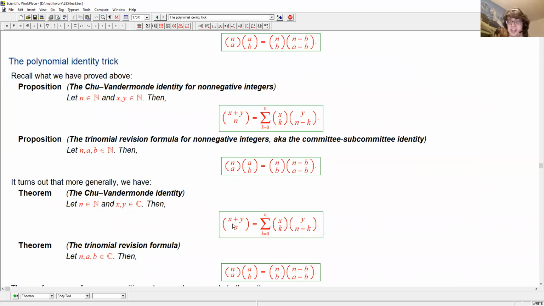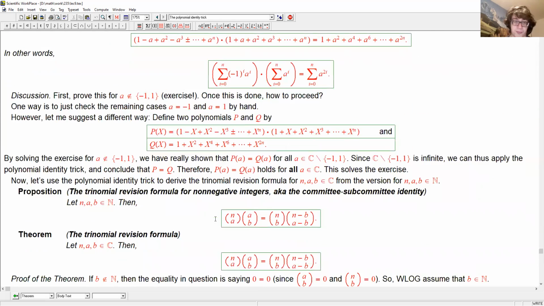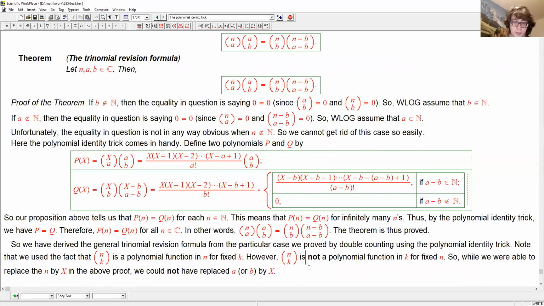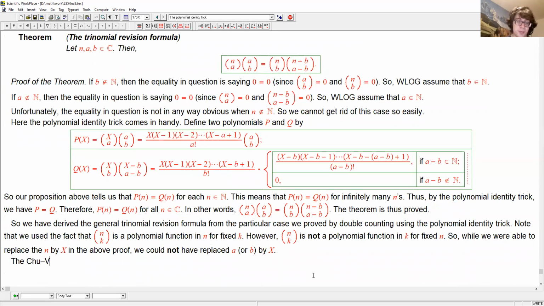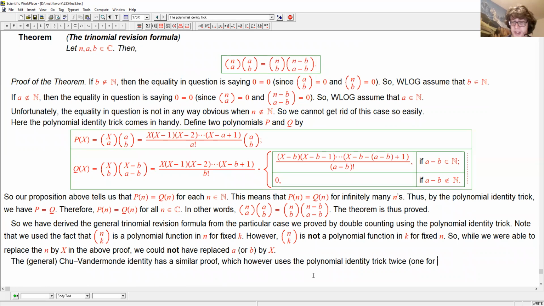You first change the x and then change the y. So the Chu-Vandermonde identity in the general case has a similar proof, which, however, uses the polynomial identity trick twice. Once for x and once for y. See the notes for details.